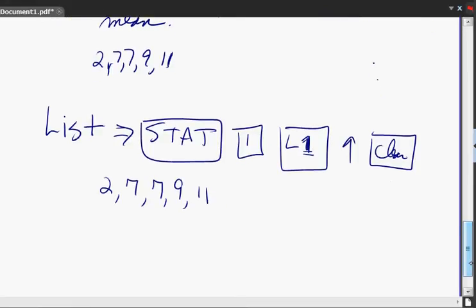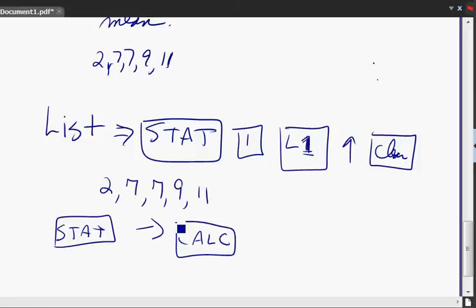Now, those of you with calculators out, are you there? Okay. So now I want you to go back and hit the Stat button again. And then I want you to hit the arrow key and arrow over to the Calc part. These are the statistical calculations.